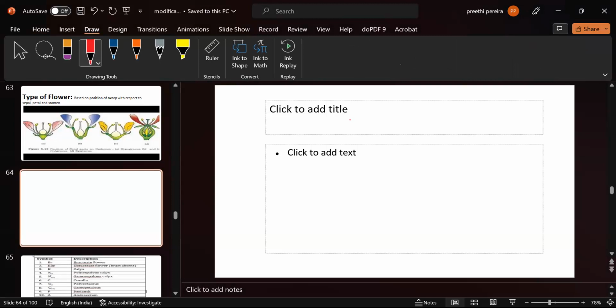You know that this is called the pistil or the carpel. This is the female reproductive structure. This whole thing is known as carpel.